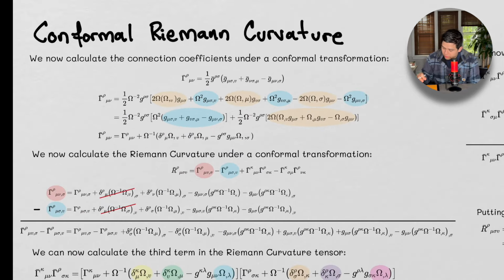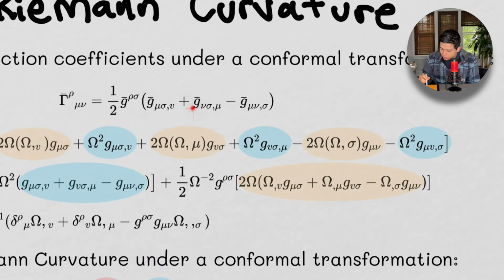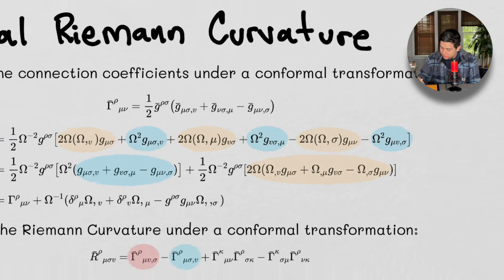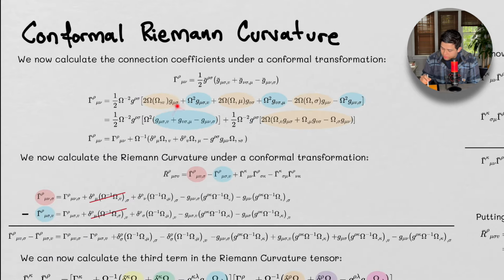What we're going to do now is replace these with the formula for our conformally transformed metrics, and we get all of these terms right here. Everything here is conformally transformed. Our derivatives come from the 2 times this, because, as we talked about in an earlier video, we're taking the derivative of this squared.